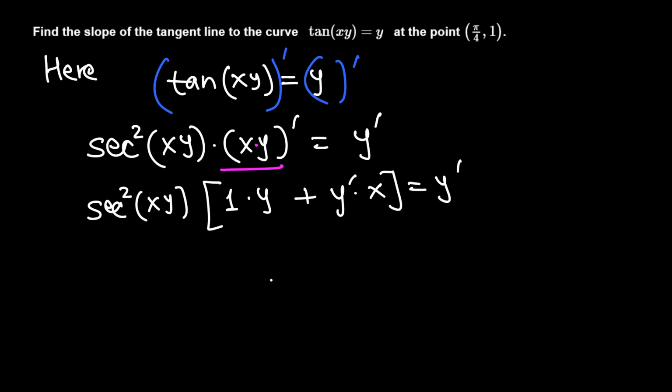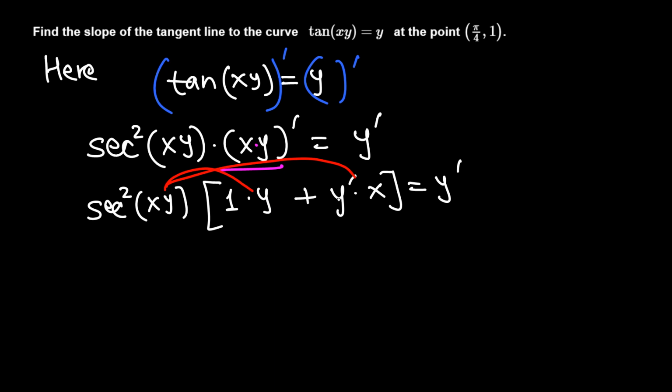Next we need to isolate y prime. So here is y prime, and this is inside here. So we cannot just move other terms here. What we have to do is distribute secant square inside. So secant square to 1y means just y, and secant square to xy prime. Let's distribute.